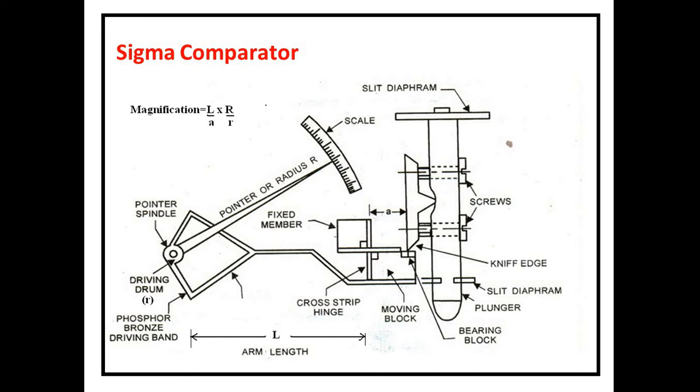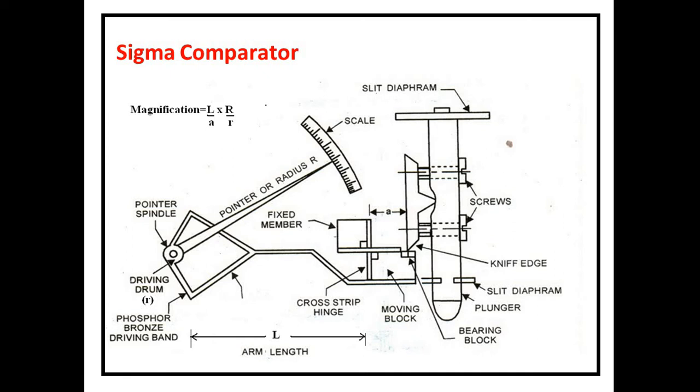Now after getting the first stage magnification, at the end of this Y arm, these are the two ends, there runs a phosphor bronze driving band. This is the driving band. It is attached to these ends of the Y arm, and this band also runs over the driving drum.